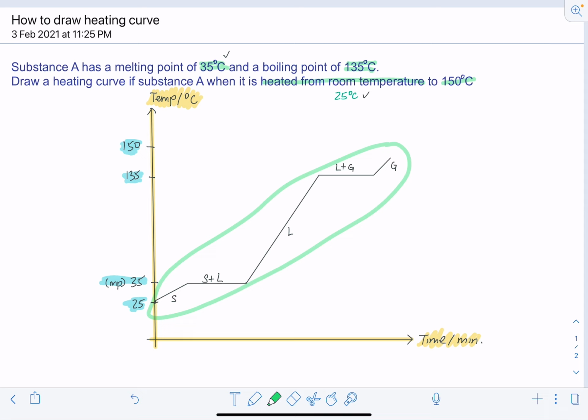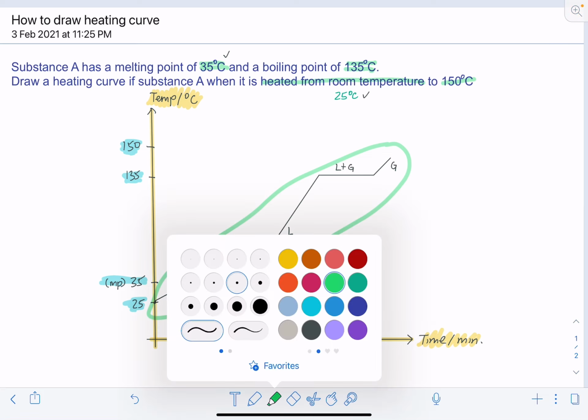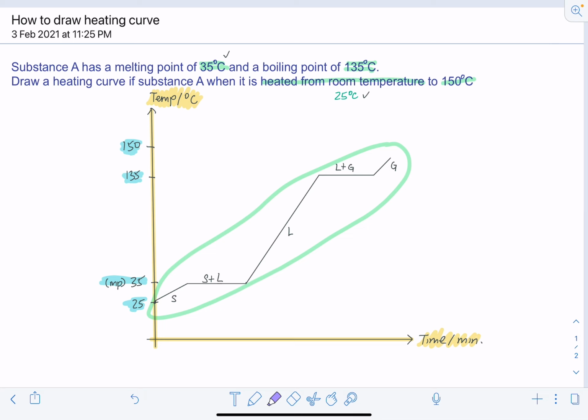Now, I would like to extend this to another segment where some of you may be confused by the concept when you label the heating curve. As I have already said in one of my previous lessons, there are only 3 slopes in a heating curve. These 3 slopes represent the 3 different states.